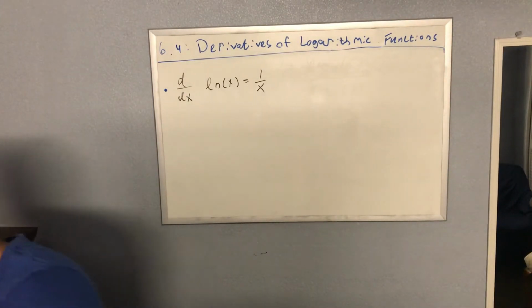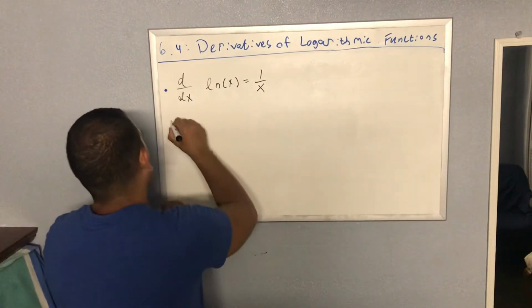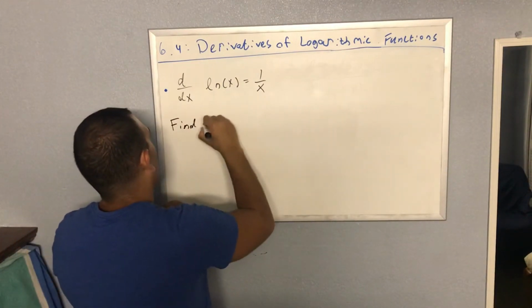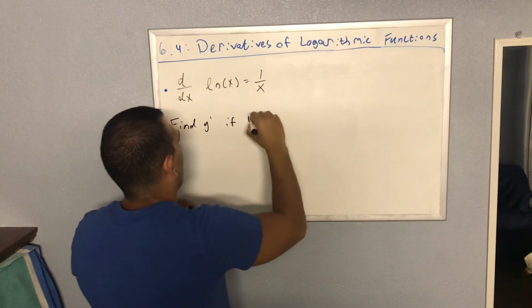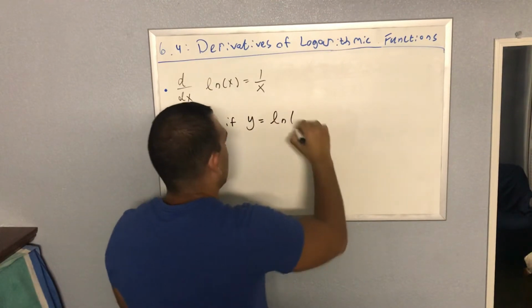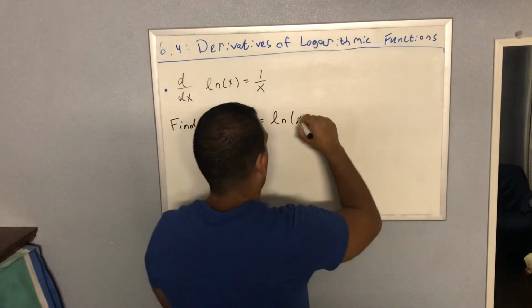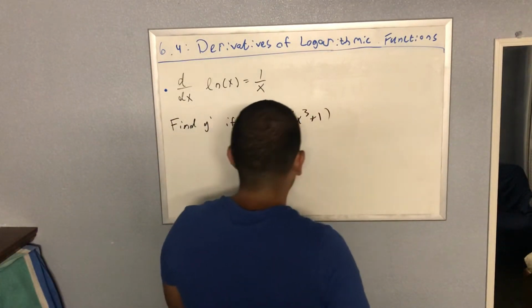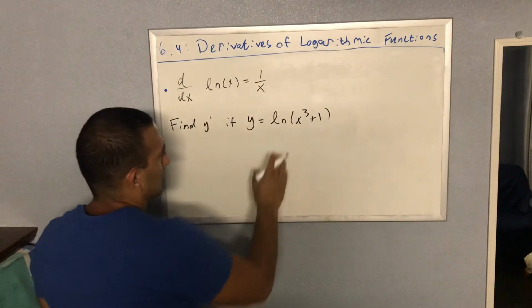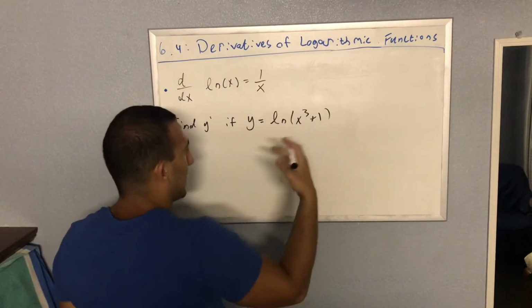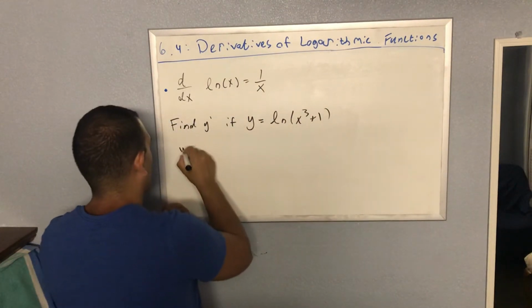So let's do one little practice with this. Say we want to find y prime if y is equal to the ln of x cubed plus 1. Because this is not just ln of x, to take its derivative we have to use the chain rule.